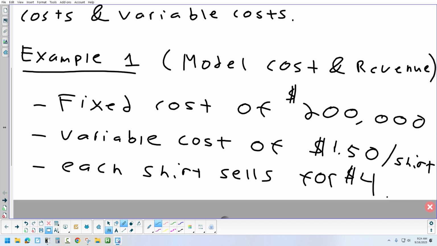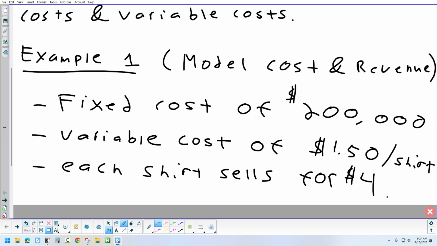And this particular company is making t-shirts, and they have a variable cost of $1.50 per shirt. The reason it's variable is because it depends on how many shirts they make. So they have a cost of $1.50 per shirt, and then they sell the shirt to you for $4.